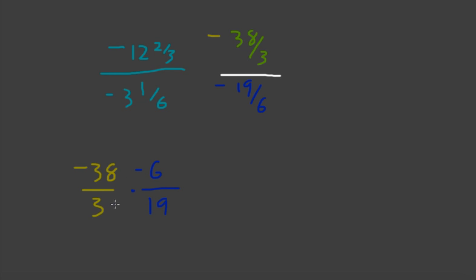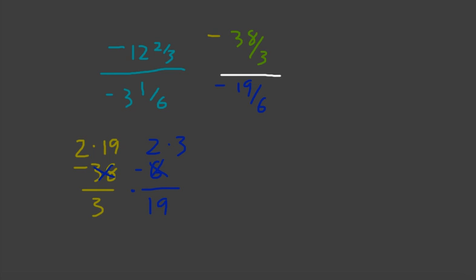So what is 38? Can that be reduced? Well, I believe it can. 38 can be reduced to 2 times 19. And the 6 can be reduced to 2 times 3. Well, that makes it very convenient.